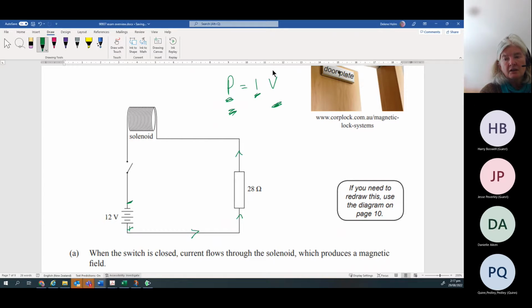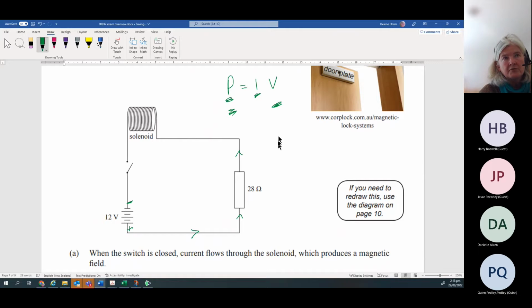If I gets bigger, P gets bigger, assuming that the other one stays the same. But if I now am comparing I and V, because they're next to each other, if P stays the same, if I gets bigger, V must get smaller to make P stay the same.